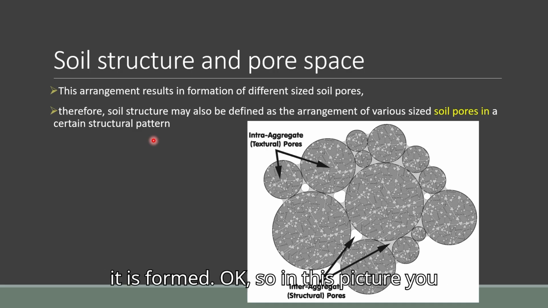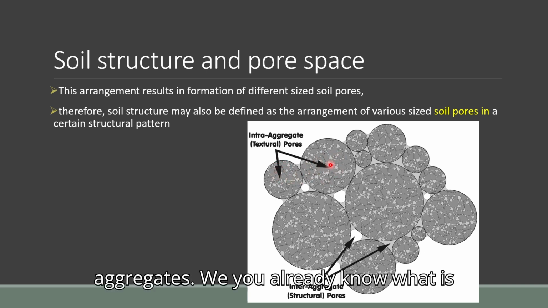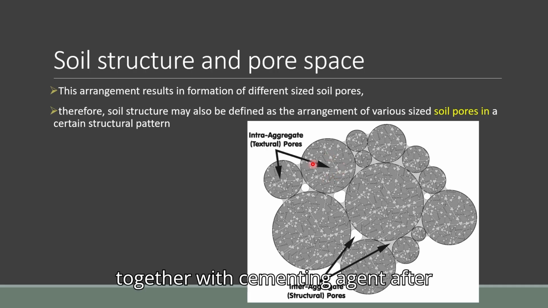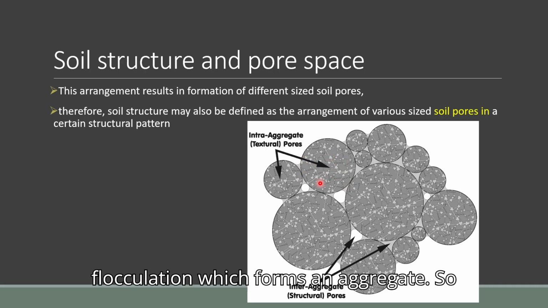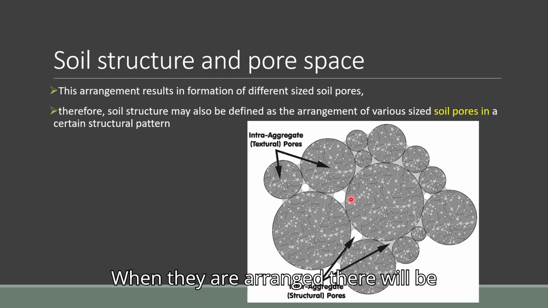In this picture, you can see these rounded things. These are aggregates. You already know what an aggregate is: it consists of soil particles together with cementing agent after flocculation, which forms an aggregate. When these aggregates are arranged, there will be empty spaces.